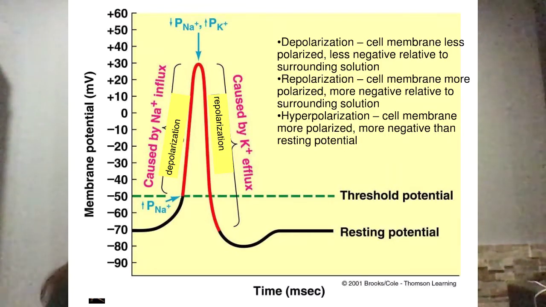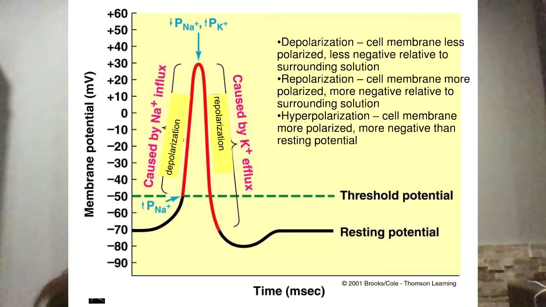Yeah, at this moment there might still be some sodium ions inside of the cell, but this part is not about the type of ion, it's just that it's positive. So before positive ions came in, now positive ions are leaving. And that's what the pink writing on the right side there says, caused by potassium efflux. That means potassium is leaving the cell, okay, and it's flowing out of the cell. So we're repolarizing. The inside of the cell is going back to negative.